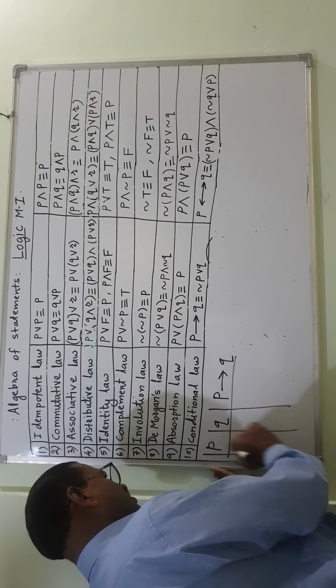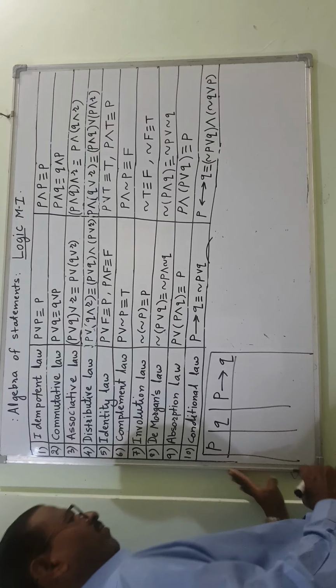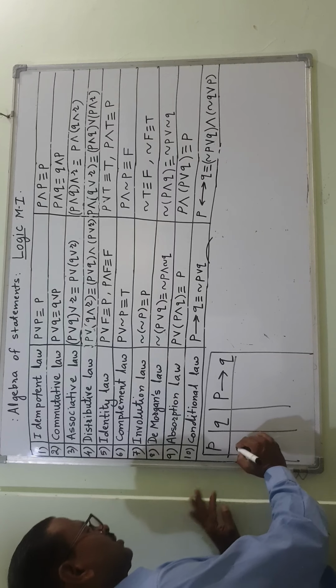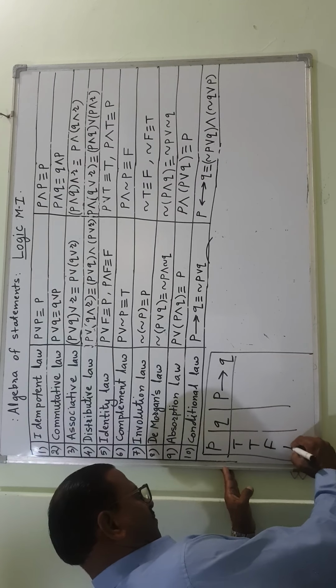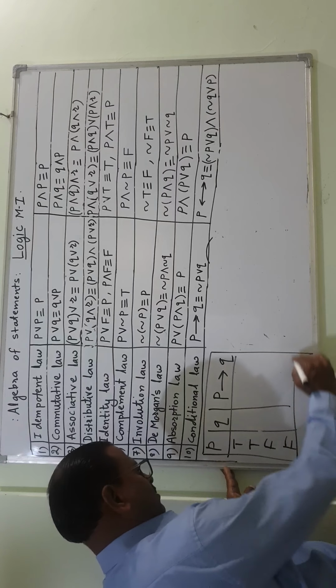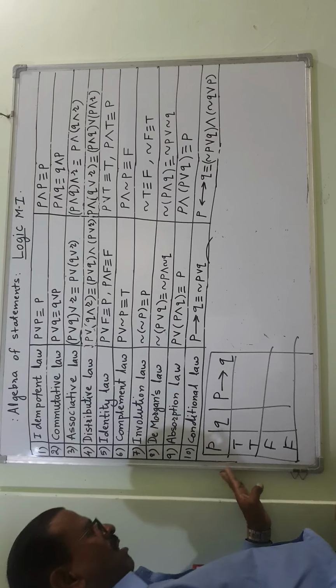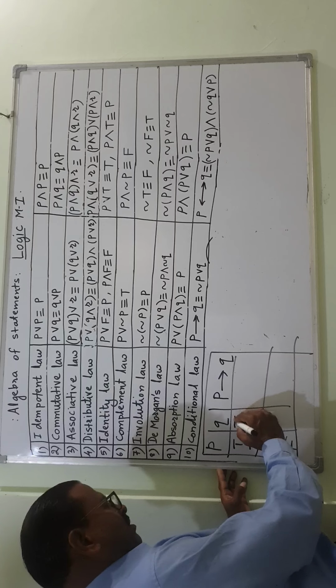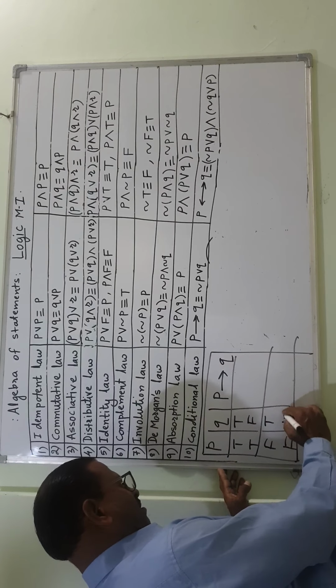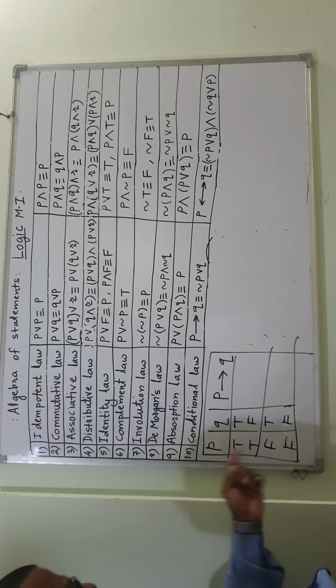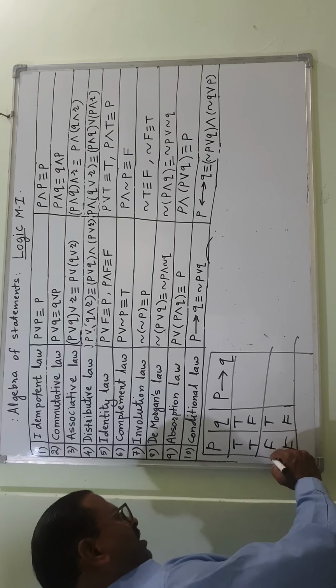I want to make the truth table of this. This is T, T, F, F. Here also T, F, T, F. What is the value of this?